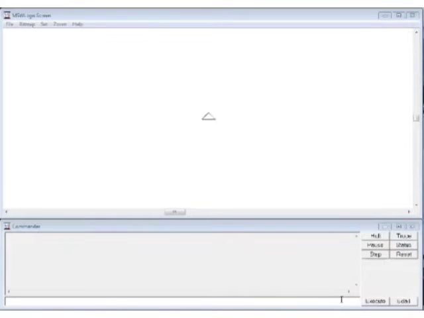Students, to draw a square we will write FD 50, RT 90, FD 50, RT 90, FD 50, RT 90, FD 50, RT 90. Students, you can see अपना स्क्वायर ड्रॉ हो गया.